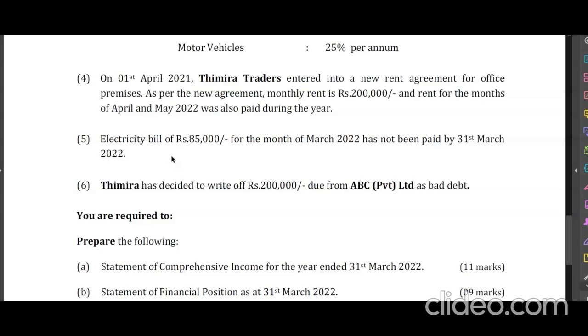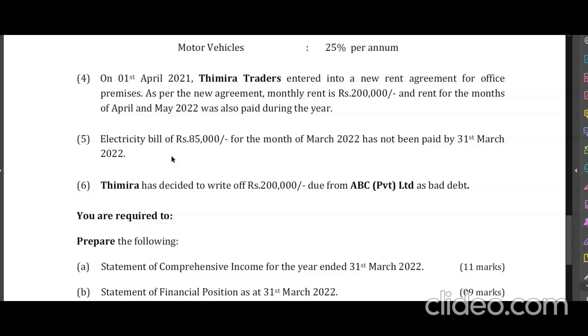So it is now an accrued expense, and we can call it the accrued electricity bill. Let us not waste too much time on the double entry and just go to the next point. So you have to book the accrued expense as well.